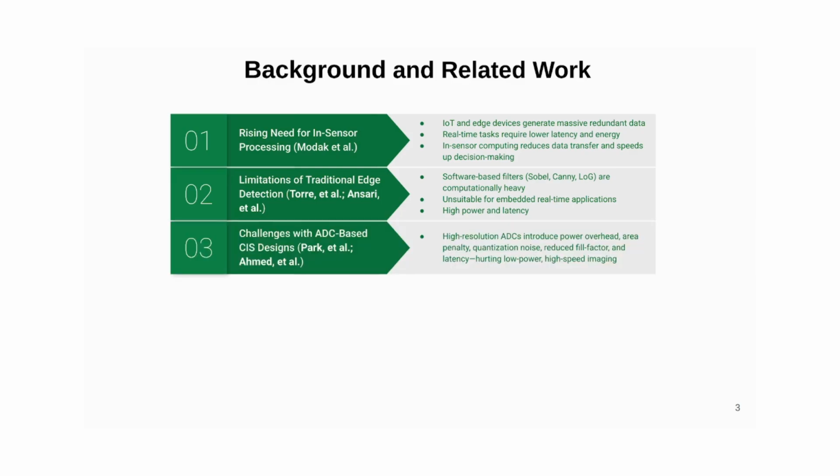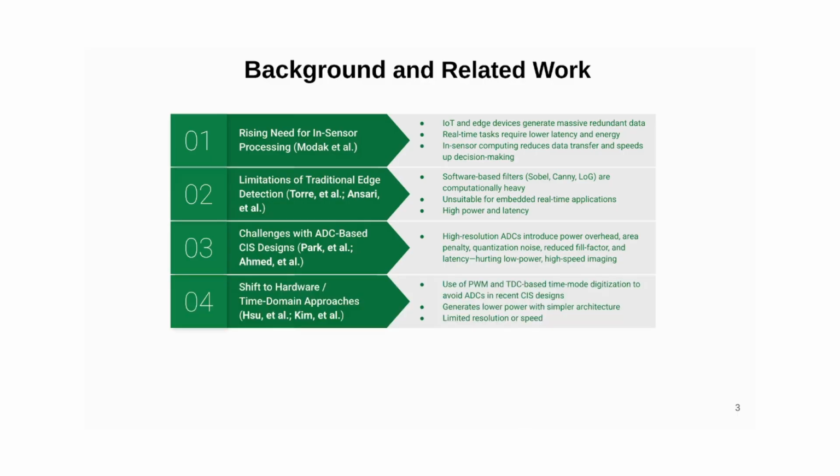They depend on full-frame ADCs, frame buffers, and memory, making them unsuitable for small or battery-powered devices. Recently, hardware-friendly methods have tried using PWM pixels, TDC pixels, or compressive sensors. However, most of them either use high-resolution ADCs that increase power and area, cannot support high frame rates, or produce very low bit depth like 1-bit or 4-bit outputs.